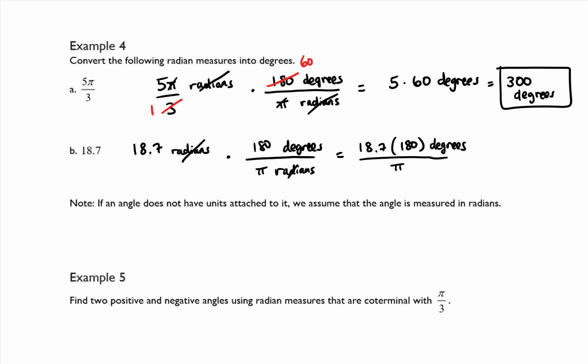And this would be the exact answer. And you can definitely write out a decimal approximation. So if you threw that into your calculator, that is approximately 1071.43 degrees, like that.